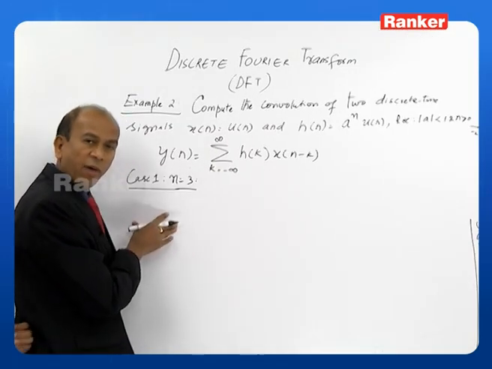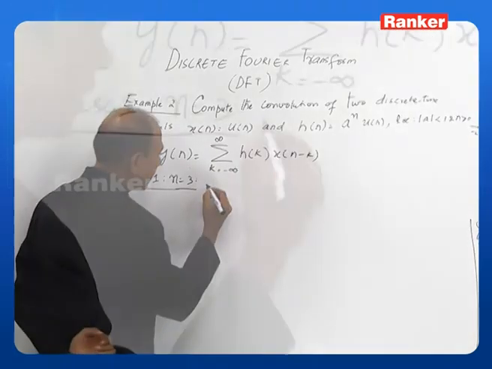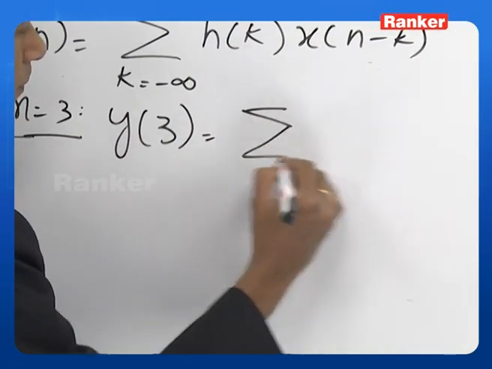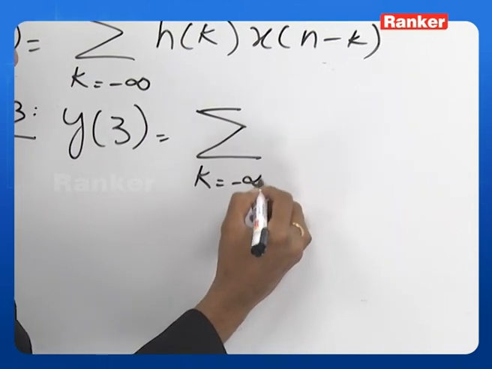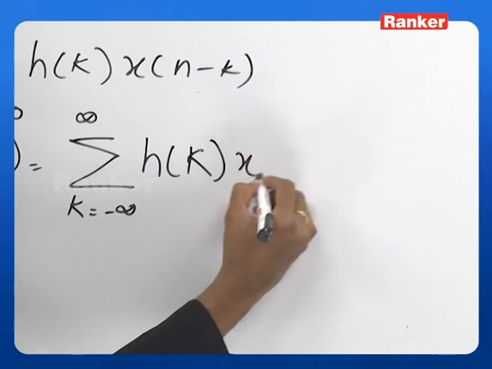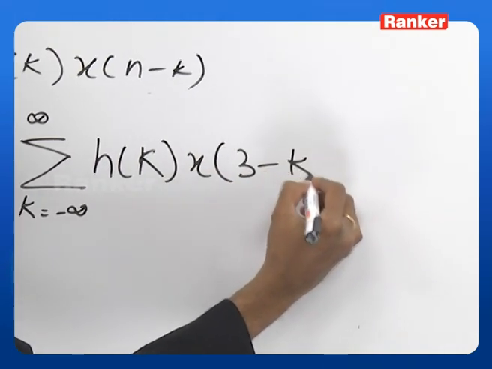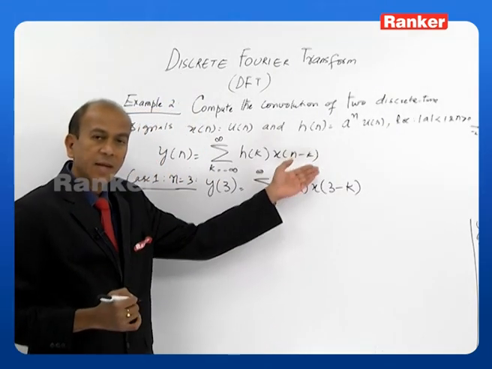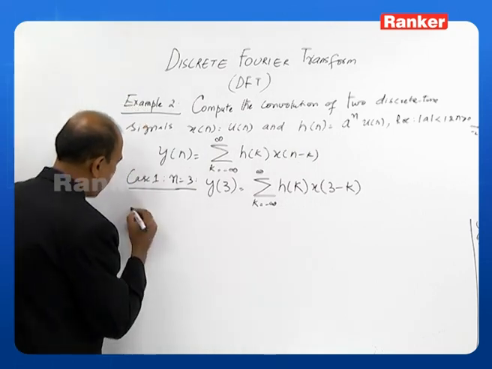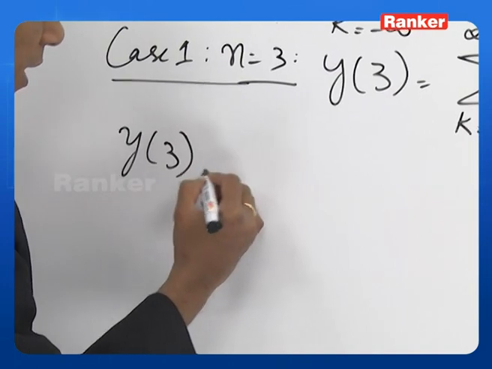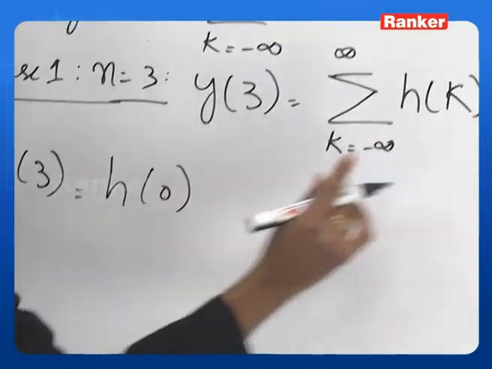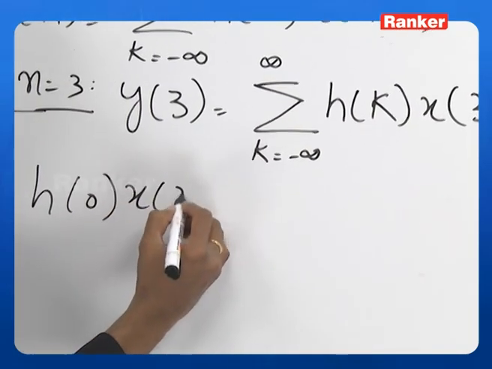Let us now take the case of n is equal to 3. That means I will get a value of y of 3, that is equal to, again, summation from k equal to minus infinity to plus infinity, h of k into x of 3 minus k. Now let us see y of 3. Y of 3 will be equal to, start with again 0, h of 0 into x of 3 here.